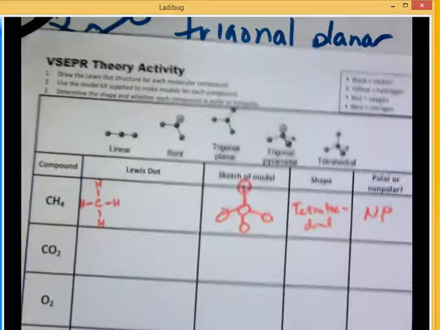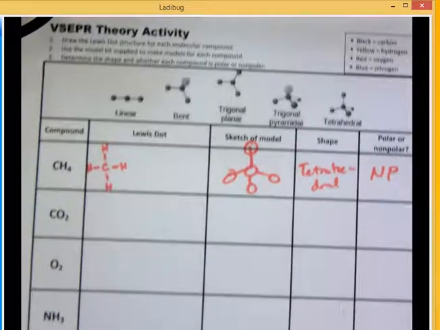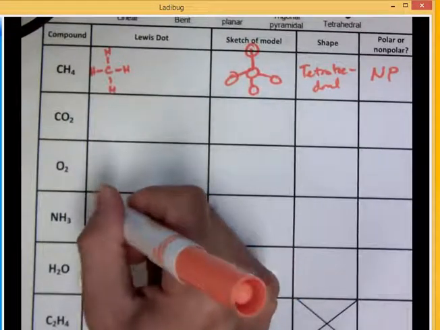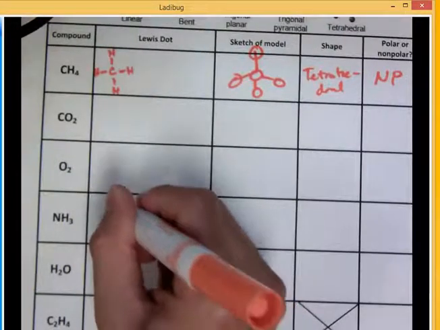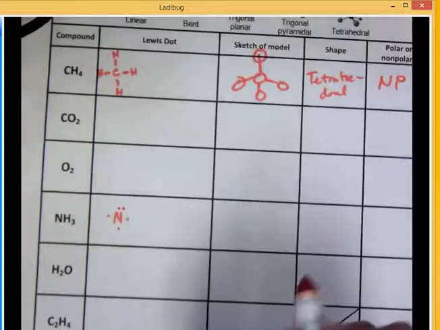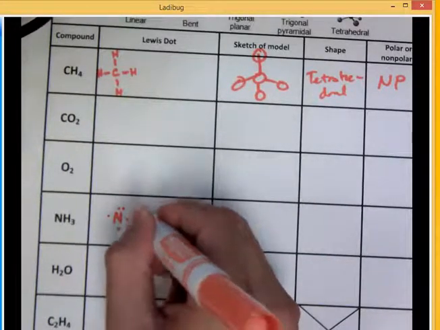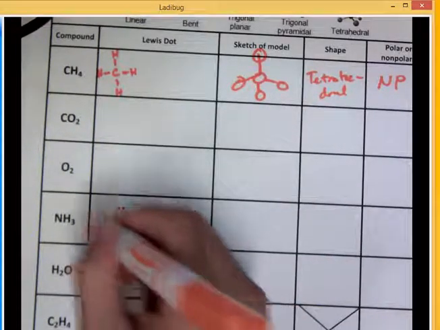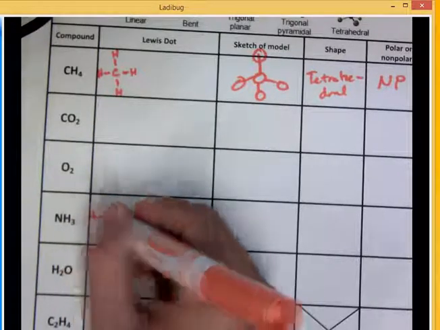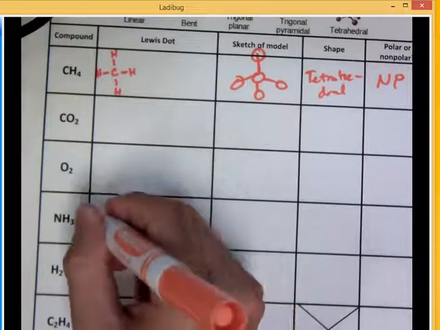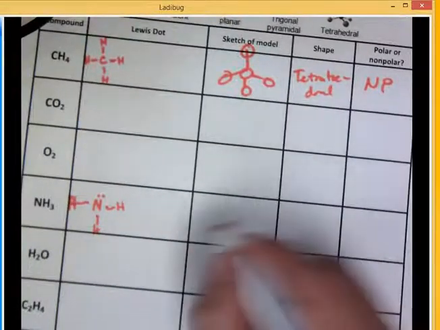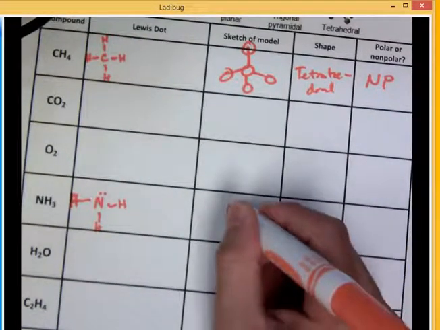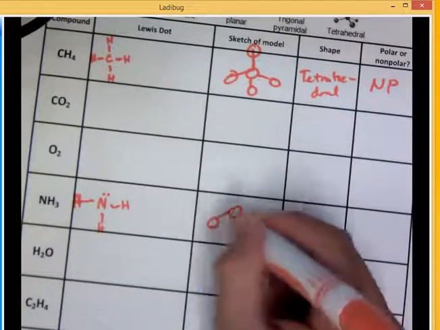As opposed to something like NH3. Go down to NH3. Nitrogen, you draw 1, 2, 3, 4, 5 valence electrons. There are 3 hydrogens, connected, connected, connected. If you have the model, you'll make it and draw it looking like this. If you don't, it's okay.